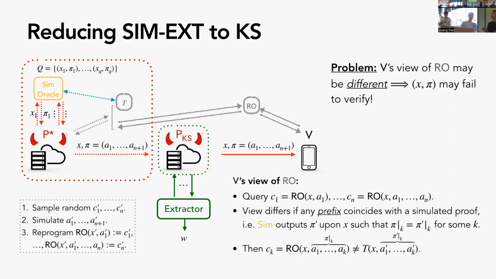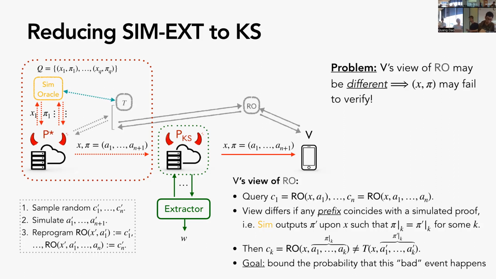When this happens, the proof will be verified with respect to the result from the random oracle, which is going to be different from the result of the program. And therefore, we have an inconsistent view. Our goal is to bound the probability that this happens. Let's call this a bad event.